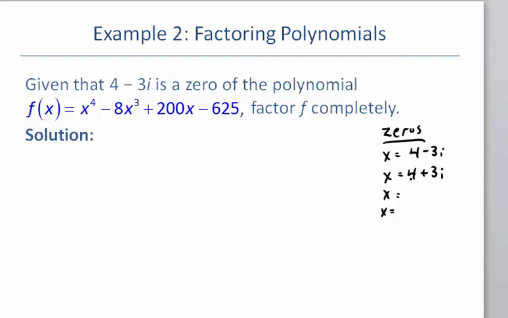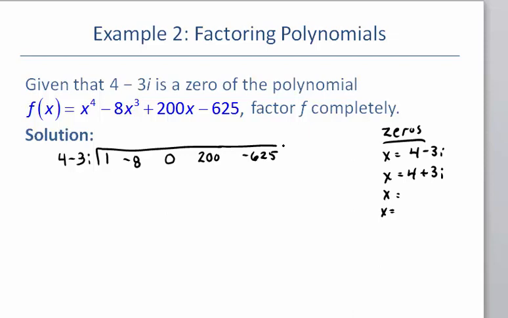All right, so how do we do this? We use the techniques that we learned before. If we know 1 zero, we're going to start with that 0 and do synthetic division. So I'm going to divide 4 minus 3i into 1, -8. We're missing our squared term, so I'm going to hold that with a 0, 200, and -625.